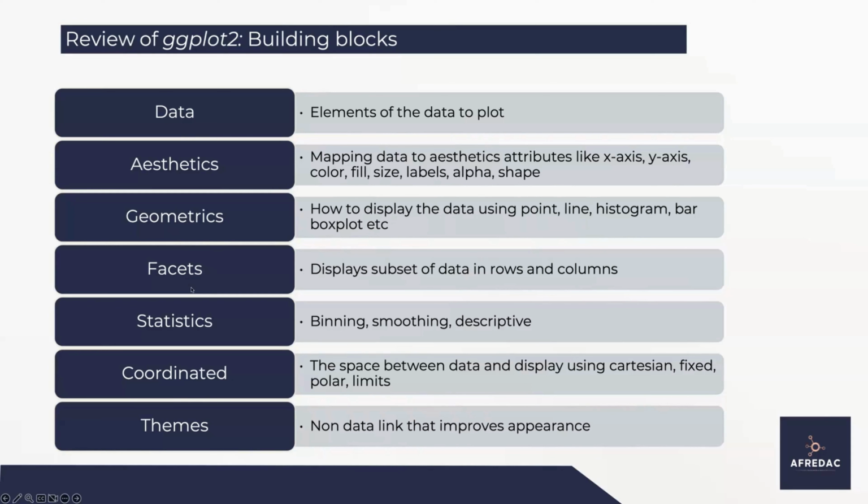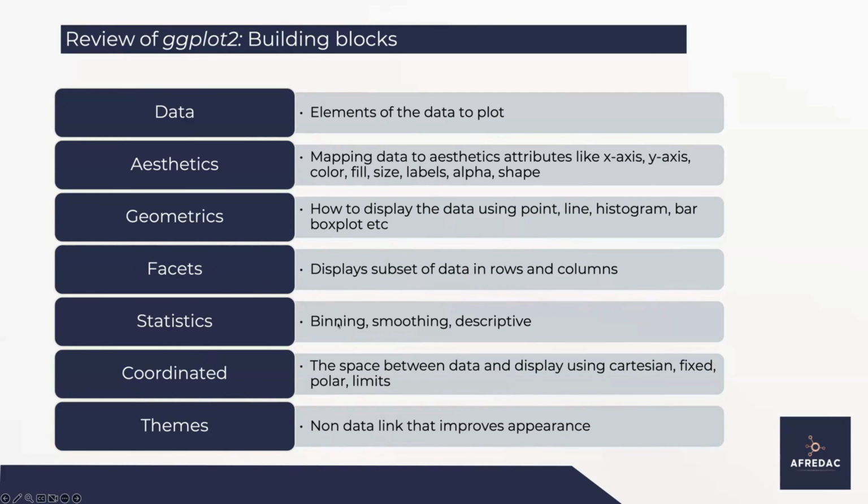Okay. Then you may find that there comes a time when you would like to juxtapose two plots so that you can create comparison between the different plots. So you can think of a building block which is called facets. We'll look also at facets, and see how it actually works. Then things like statistics, that is binning, smoothing of curves, introducing fittings in these plots, so that you can derive more insights from those plots and so on.